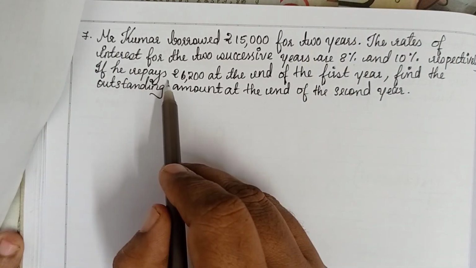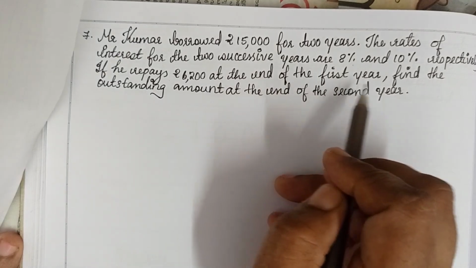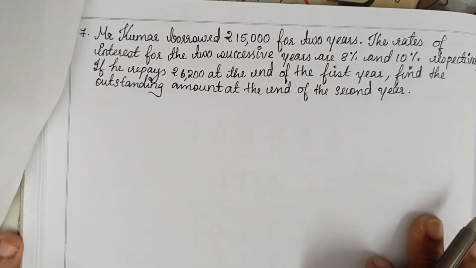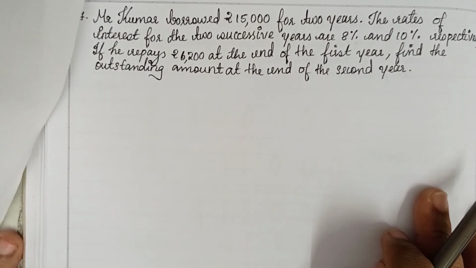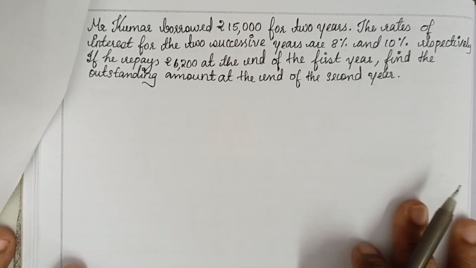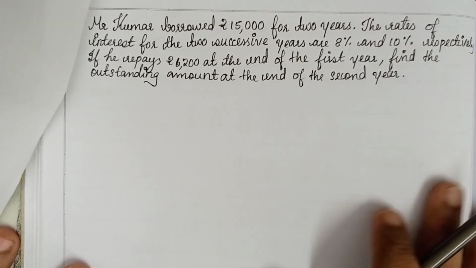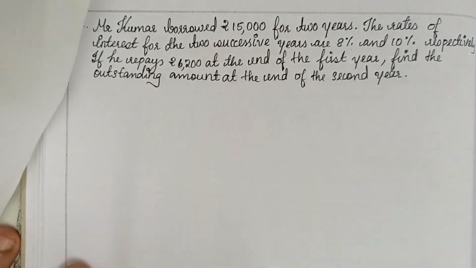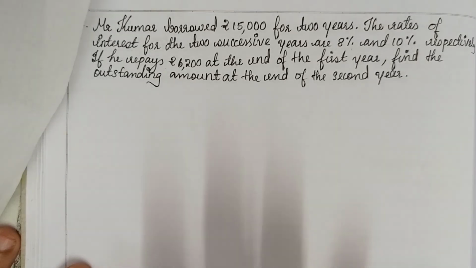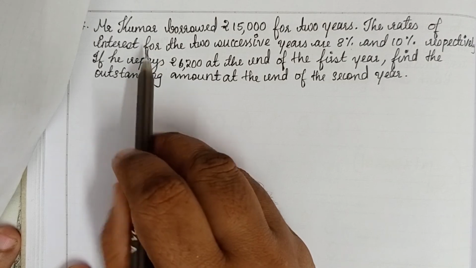If he repays rupees 6,200 at the end of the first year, find the outstanding amount at the end of the second year. Understand? Just read the question first, then listen to the steps carefully. After that, pause the video and do it by yourself. First, listen to the explanation. It will help you.